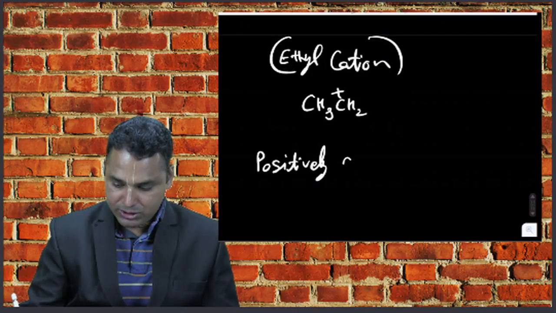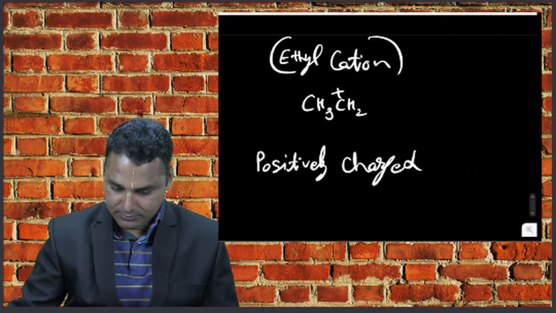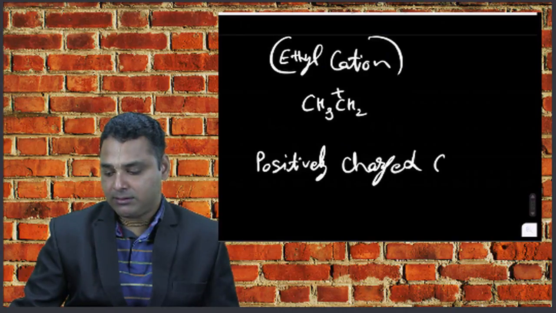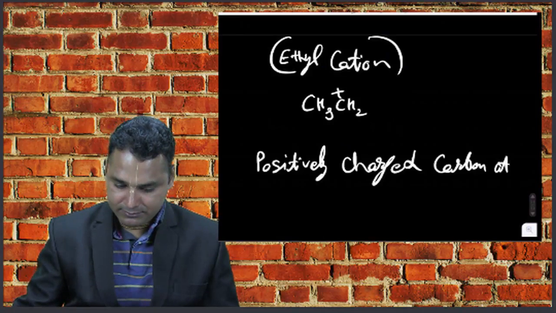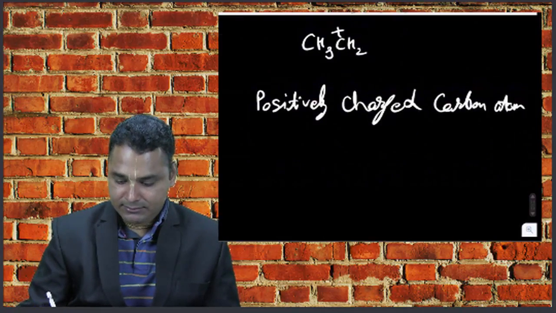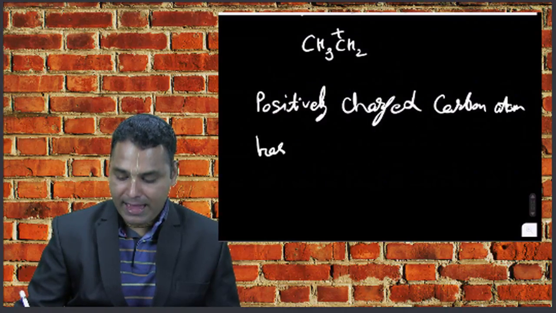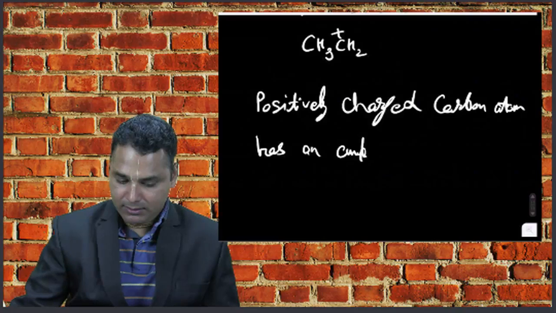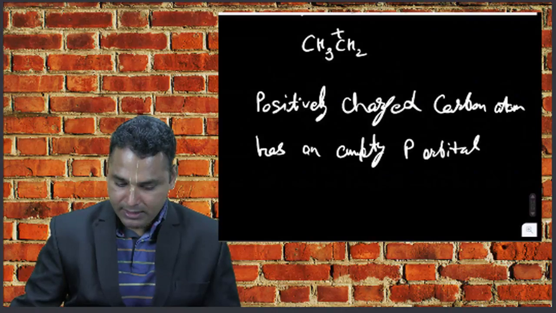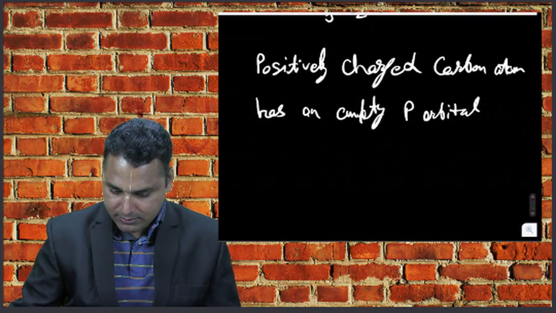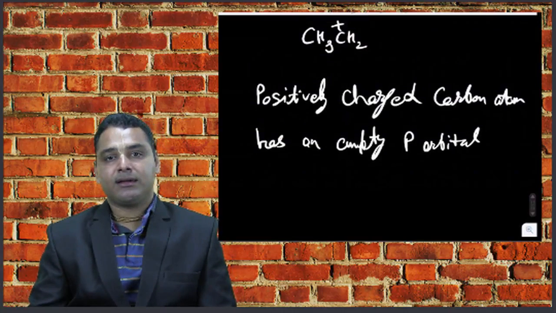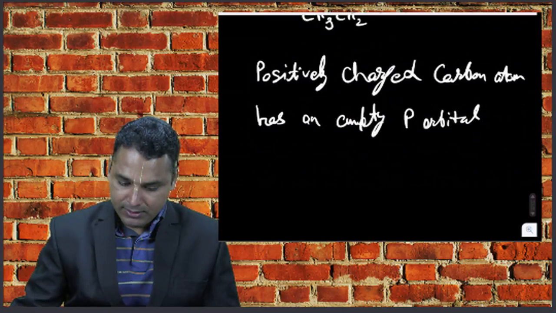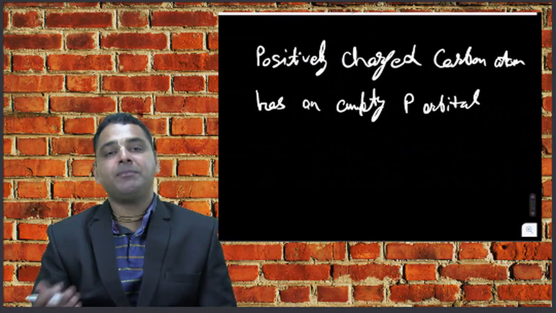That's why it is a cation. Now the electrons in the carbon hydrogen bond get delocalized into the empty p orbital. How? We'll see.